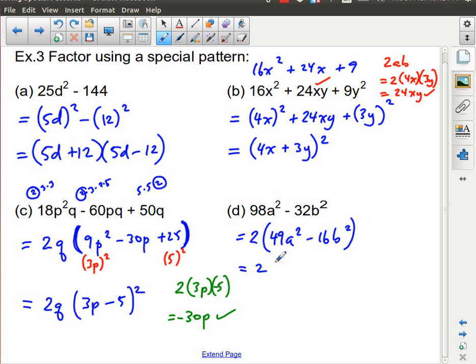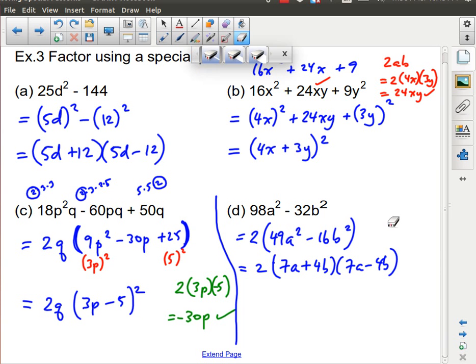And that's equal to 2. And now the perfect squares I have here, 49a squared comes from 7a. 16b squared comes from 4b. So this is 7a plus 4b, 7a minus 4b.